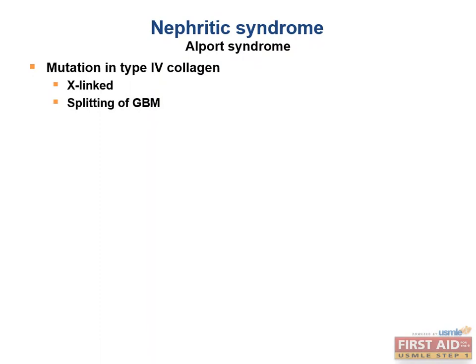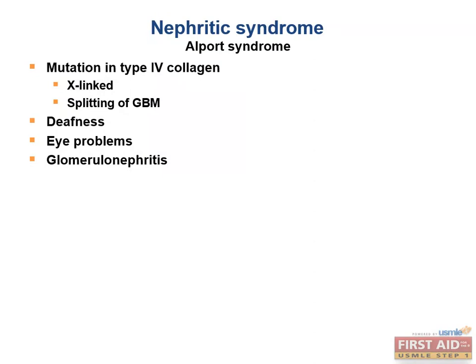And that has a number of effects because it's not just causing splitting in the glomerular basement membrane, it's causing splitting in basement membranes all over the body. And this leads to deafness due to effects on the nervous system, eye problems, and glomerulonephritis.